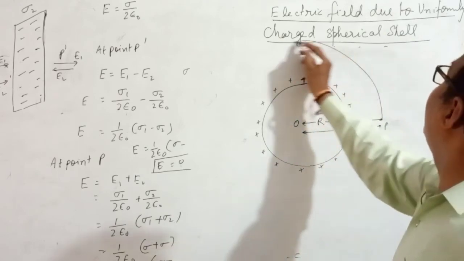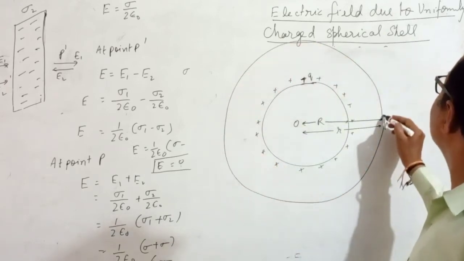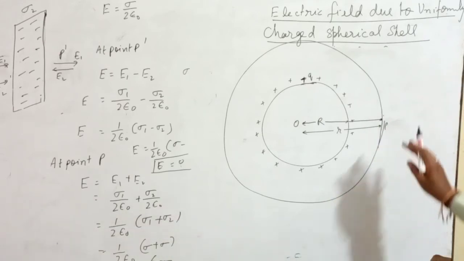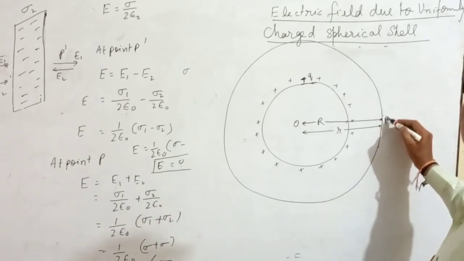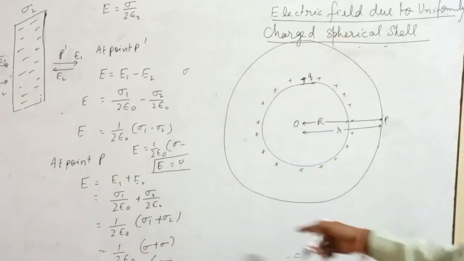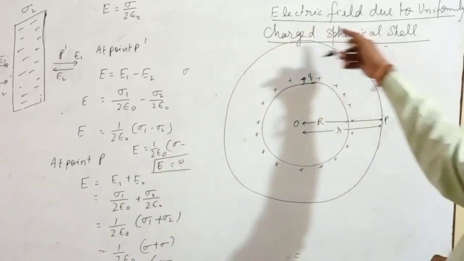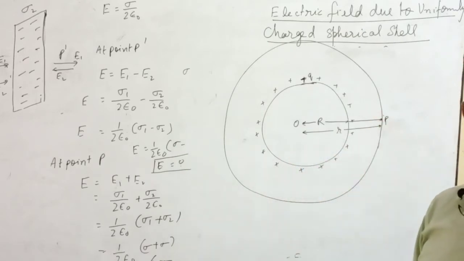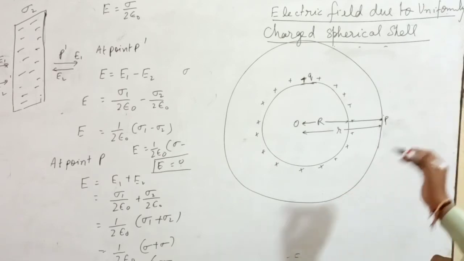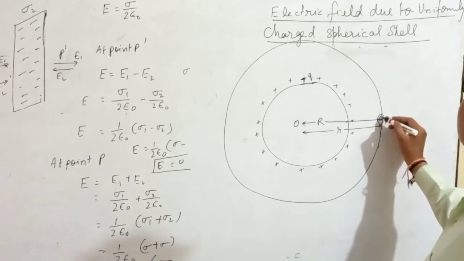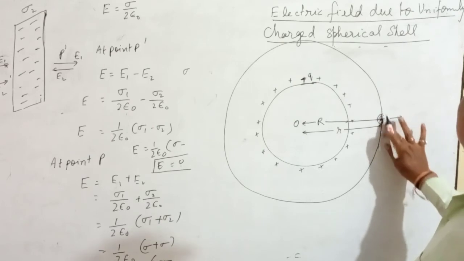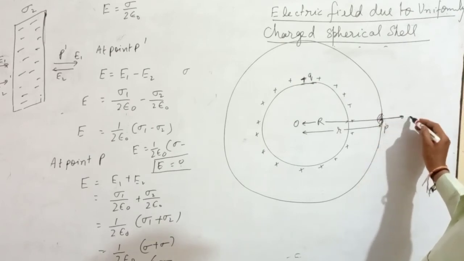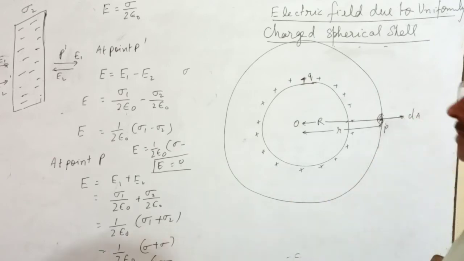Then I am going to make a Gaussian surface. This is an imaginary Gaussian surface. I have taken a spherical Gaussian surface around it with radius small r. Now, here we take a small area element dA.